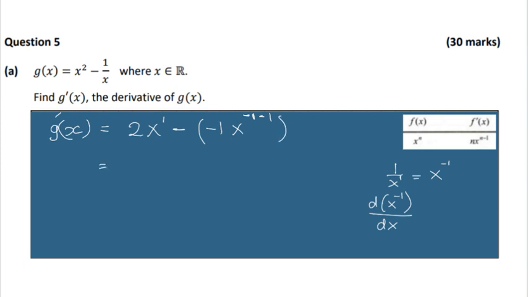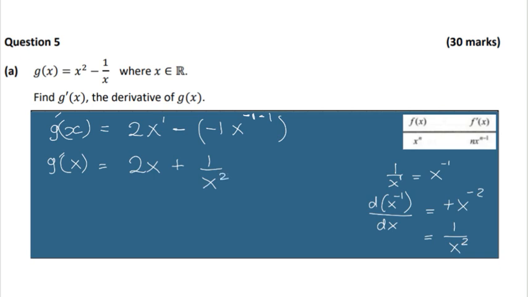Alright, so we have all the steps done, so all we have to do now is to put everything together without the numbers. So the minus 1 and the minus 1 will give you a plus when you multiply, and the power at the top now is x to the minus 2. So remember, x to the minus 2 is going to be 1 over x squared. So our final result will be 2x plus 1 over x squared.